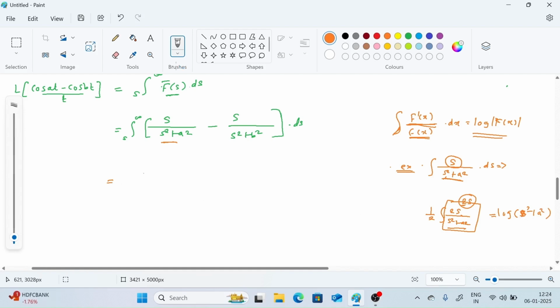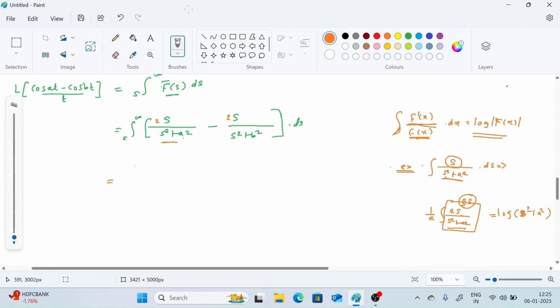So same logic will be here. Log of, wait, I'm not going directly. I will go step by step so you will be able to understand. So I'm going to balance 2 here, because if we balance it by 2, we will get the formula in our scope. Same way here also I'm going to balance it by 2, right?